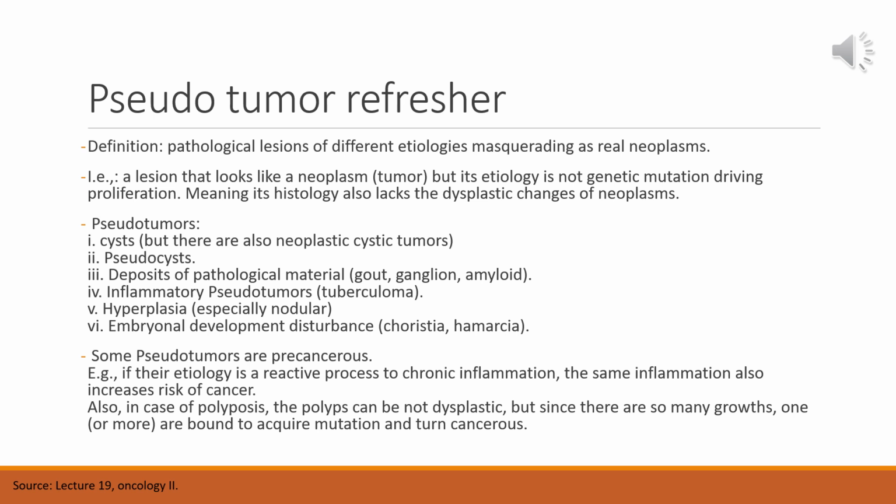Also, there are things called polyposis, right? So many polyps, for example. If we look at one polyp, you would call it a benign tumor. Some of it would be reactive hyperplasia, right? But if you have many of them, it signifies that there is some inherent genetic susceptibility to having them.